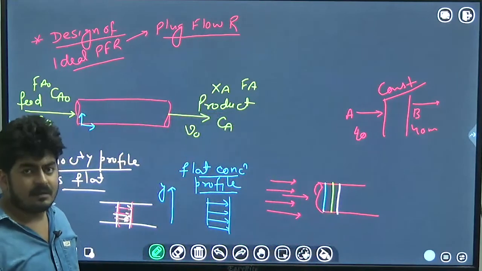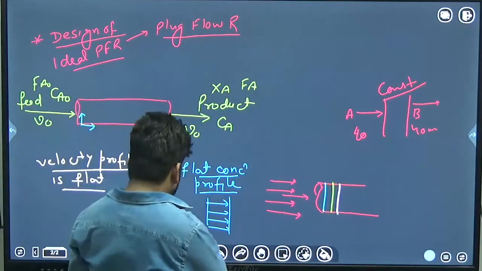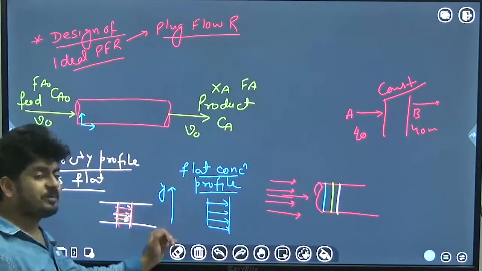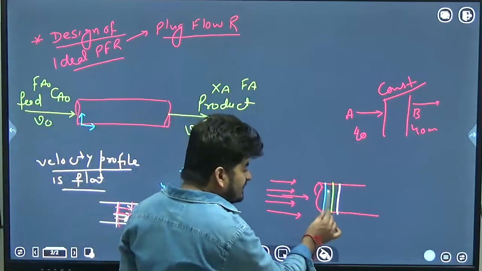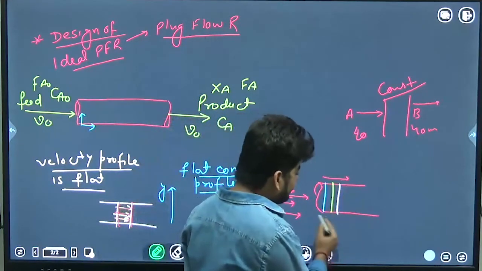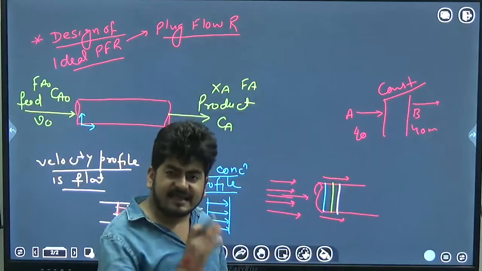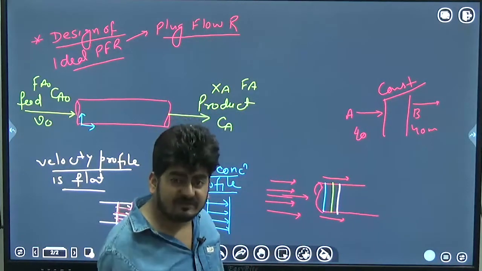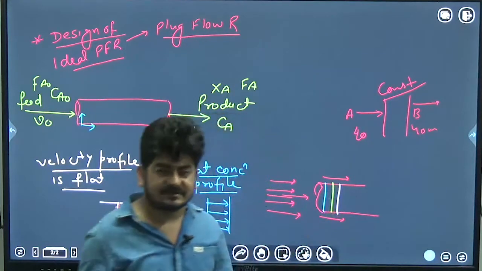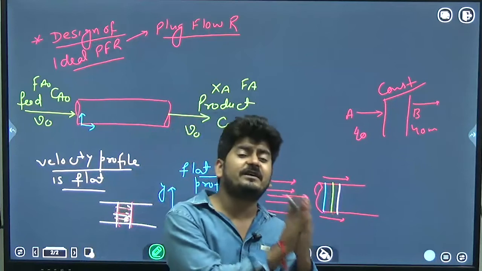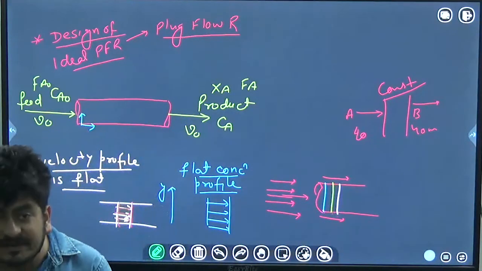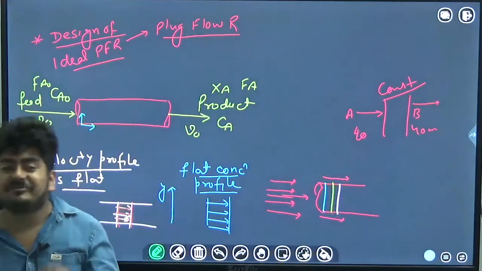Now you can see, as the fluid has a flat velocity profile, all these 3 vertical layers will move with the same velocity. And as all these 3 layers are moving with the same velocity, the distance between them will remain constant, and there will not be any interaction.